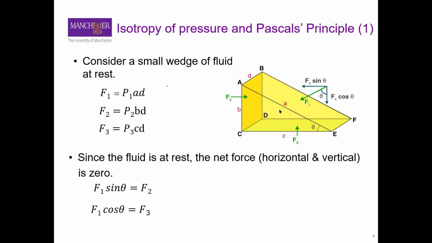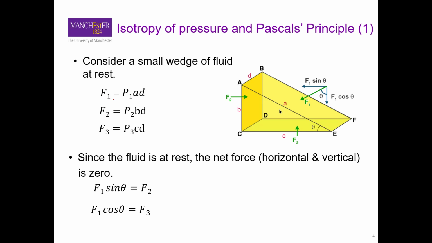To do that, let's consider a wedge of a fluid. And in this wedge, we have different forces acting on it. So we have F2 that is the horizontal force, we have F3 that is a vertical force, and then we have F1 that is a diagonal force. We can write these forces in the form of pressure times area.